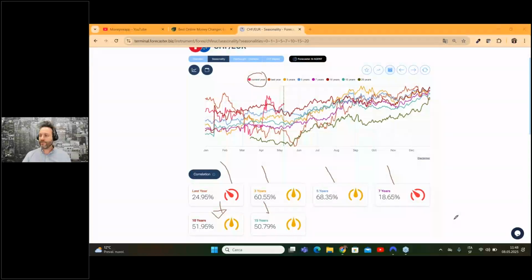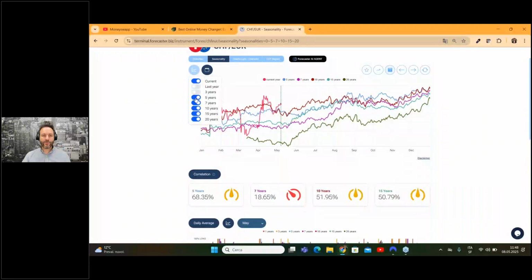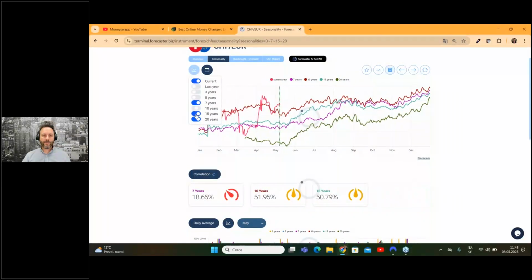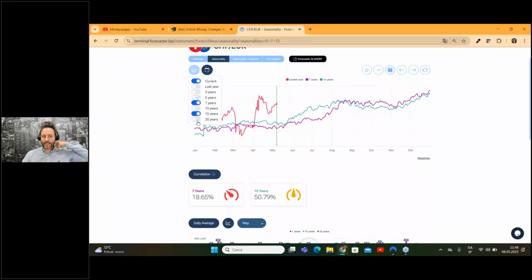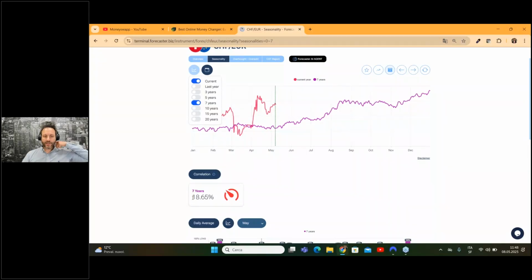This is very interesting because we can isolate only the 7-year seasonality. We can leave the current price and cancel 3, 5, 10, 15, and 20, leaving only the 7-year, because as you can see, the 7-year seasonality has a very low correlation with the actual price.